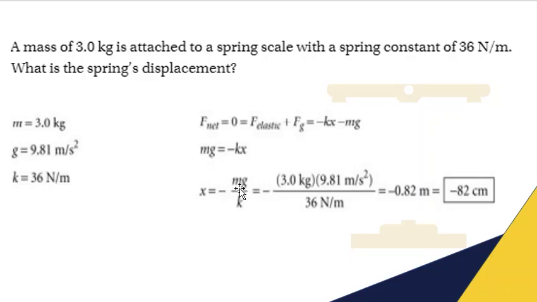So it's equal to m, which is 3 from the given, times g, 9.81, divided by 36, which is equal to -0.82. That means -82 centimeter. Negative means toward the negative x-axis or the negative y-axis, which is the opposite direction. It depends if it's vertical or horizontal.